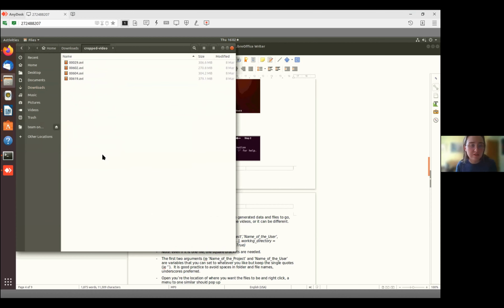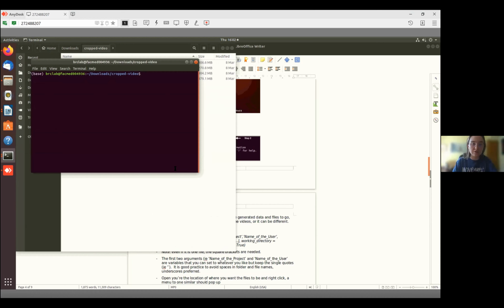I would suggest videos 602 or 604, because those have the clearest mice and are easier for labeling. You can right click, go into the terminal, and click pwd. This is the directory that you're going to use in your other terminal.